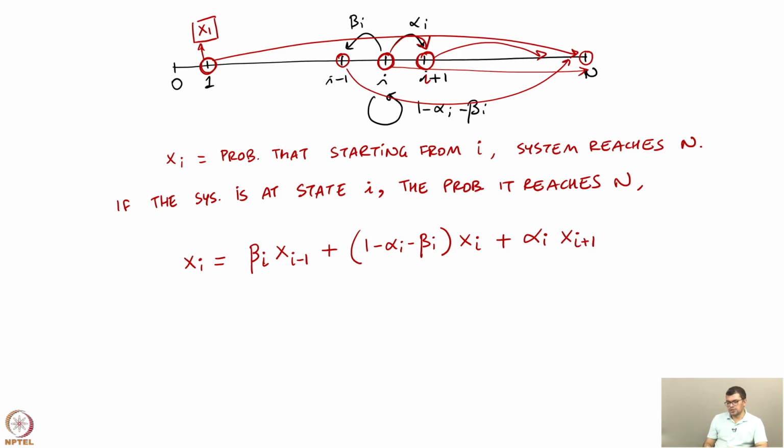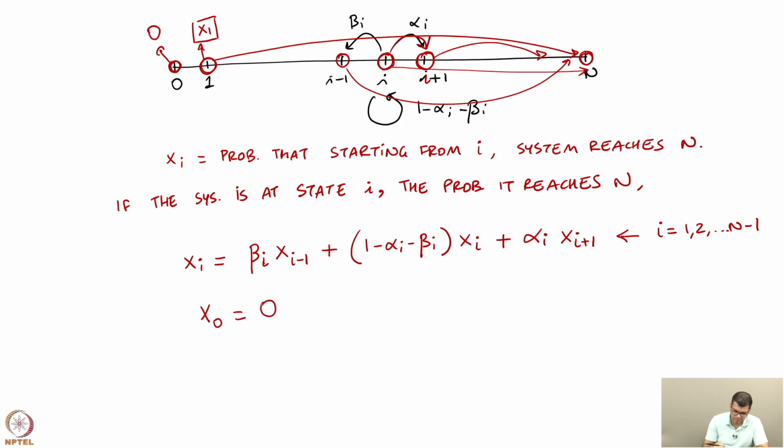So, we have slightly changed the representation of these terms for reasons that will become clear, and this is an equation that I can write for I equal to 1, 2, going all the way to n minus 1. In addition, I also have the result that x naught, the probability that my system is here and it reaches n, is obviously 0.